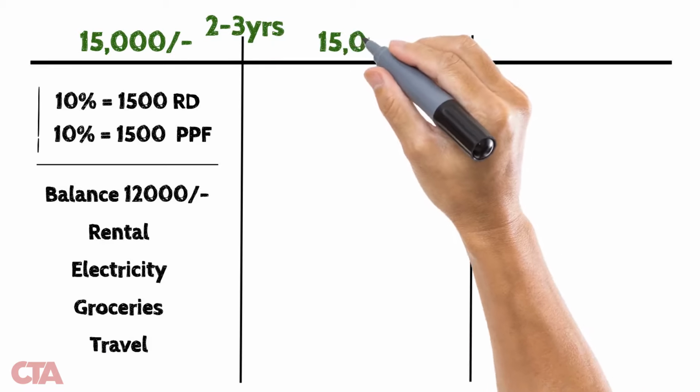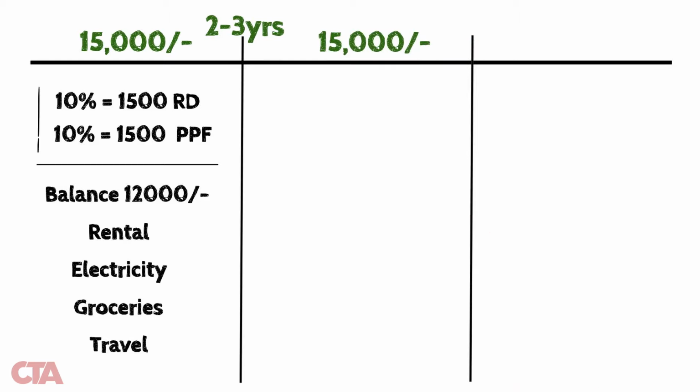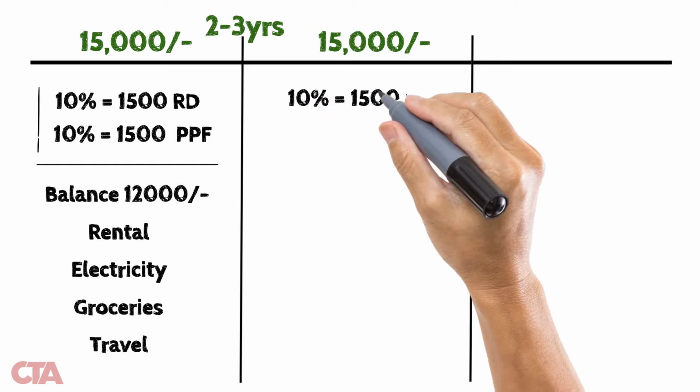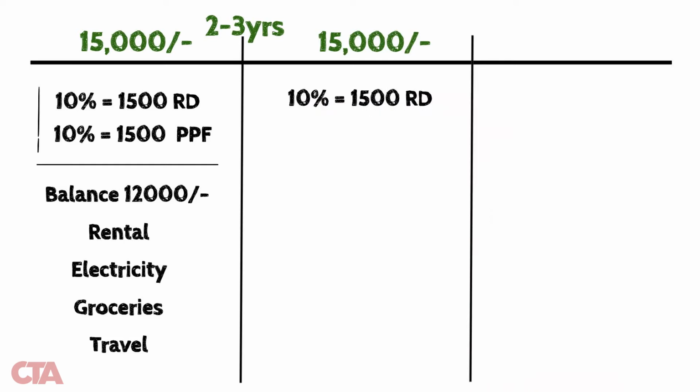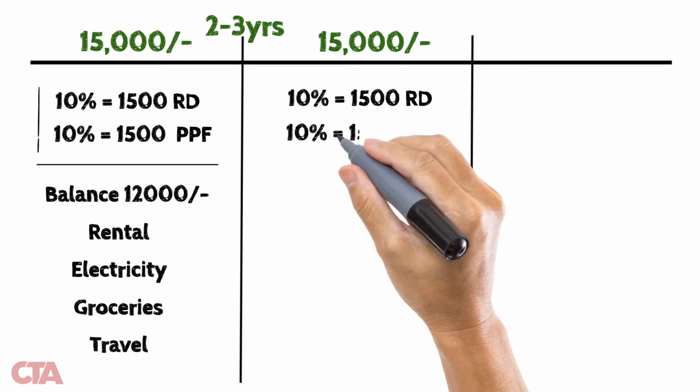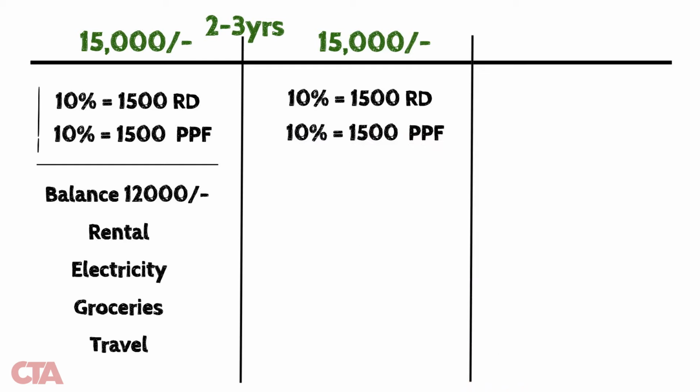Let's move down, say a few years, 2 years, 3 years maybe, and let's say there's another 15,000 rupees available to this same person. So how would be his choice for spending this next 15,000? Again, my suggestions would be 10% for the recurring deposit, 10% for PPF.